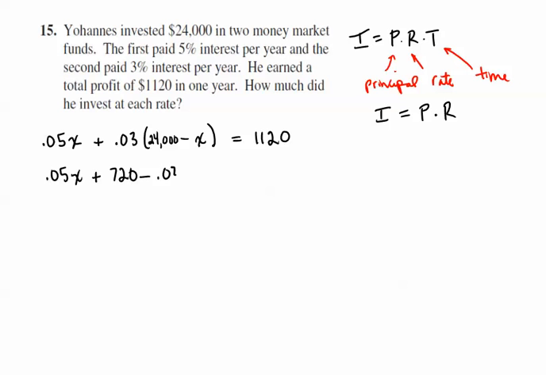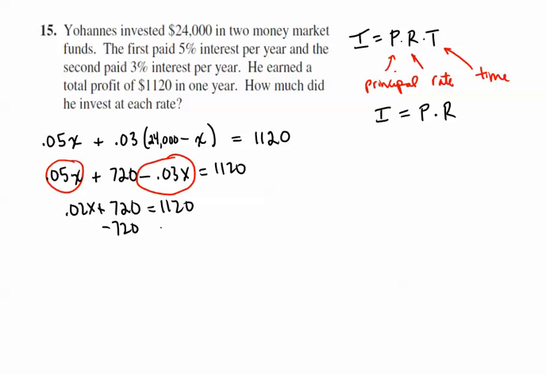Minus 0.03x is equal to 1,120. So now we have two like terms, the 0.05x and the negative 0.03x, which yield 0.02x plus 720 equals 1120.